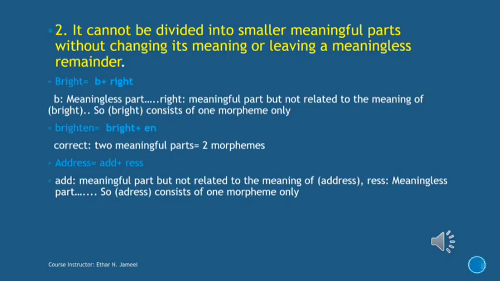Okay, the first part is add. Add is a meaningful part. It has meaning. It means gather, collect. But the meaning of address is something else. It means location, for example.